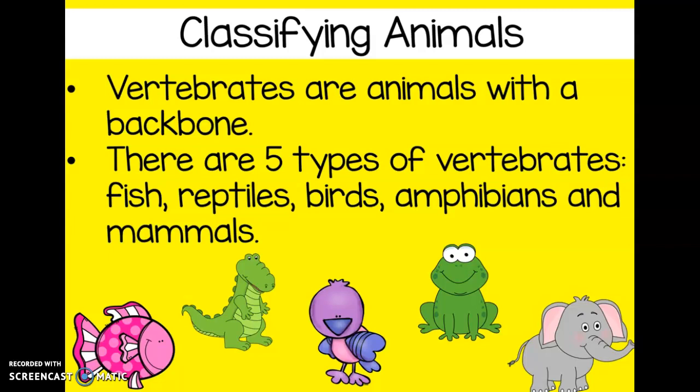And the first kind of tricky word we're going to look at is this word vertebrates. And vertebrates are animals with a backbone. So if you take your fingers out and you feel on your back, you can feel that humans, meaning you, have a backbone too, our spine. So all these animals or these vertebrates have a backbone, and there's 5 types.